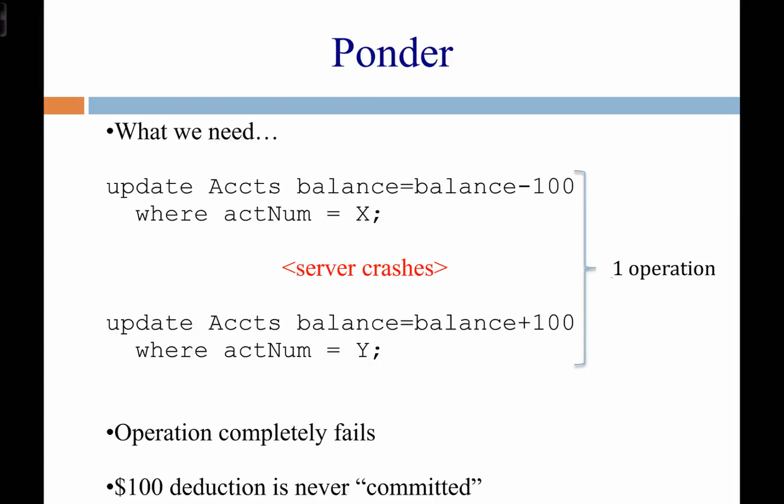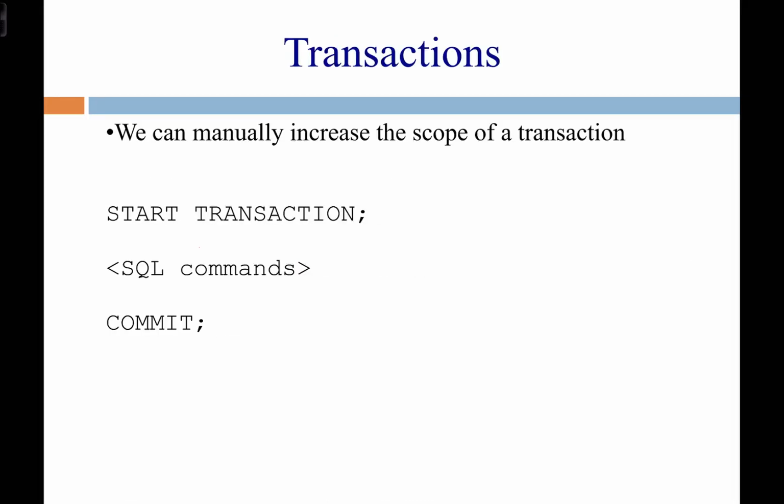So how do we make this happen? How do we do both of these commands as a single operation or as a single transaction? And SQL just provides a simple way of manually increasing the scope of a transaction. So we can use start transaction and commit to mark the beginning and end of a transaction. And then we can put any SQL commands we want in there, and they will be treated as one atomic operation.